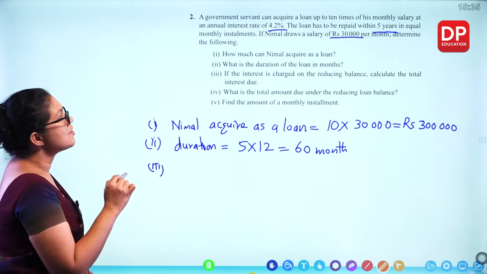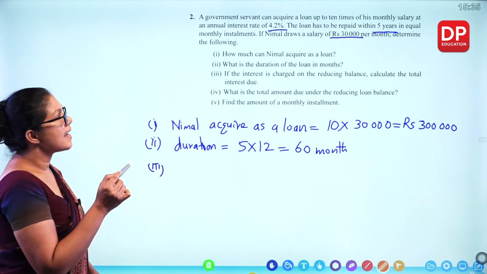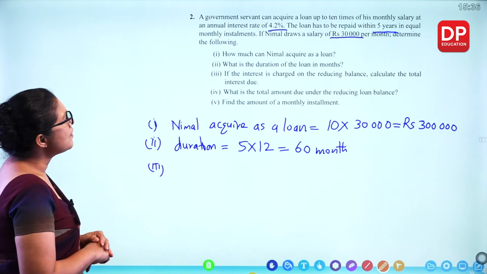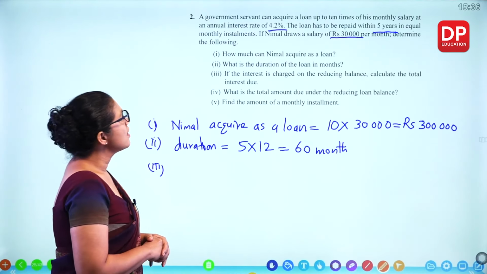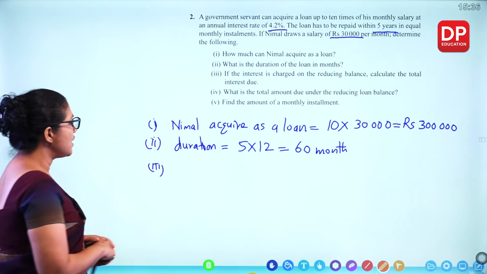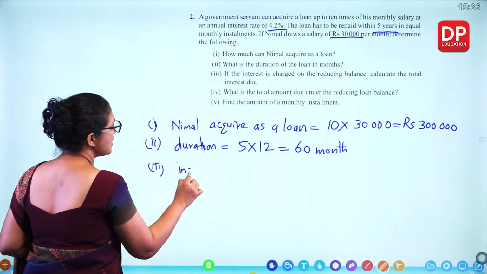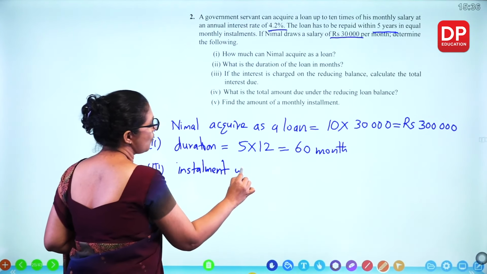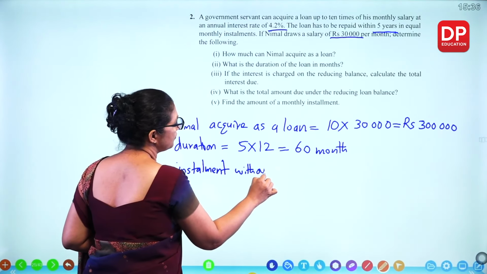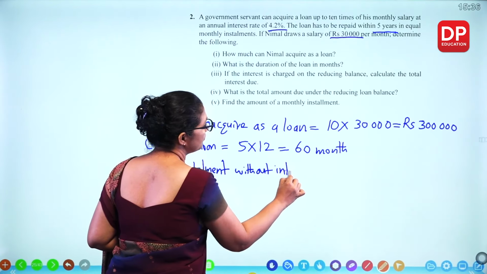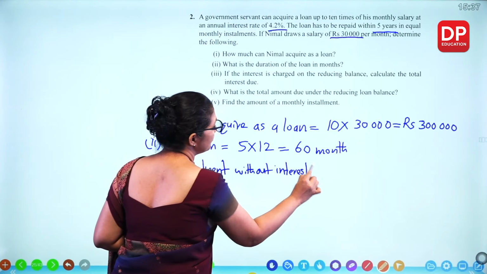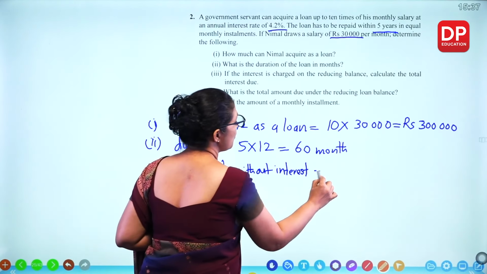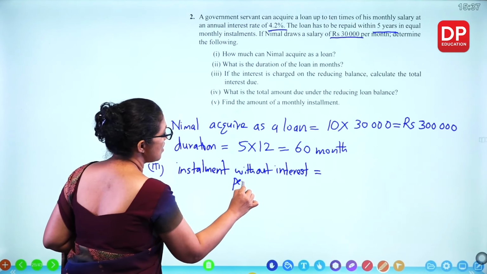If the interest is charged on the reducing balance, calculate the total interest due. To calculate the total interest, we need to first find out the installment without interest, so per month.